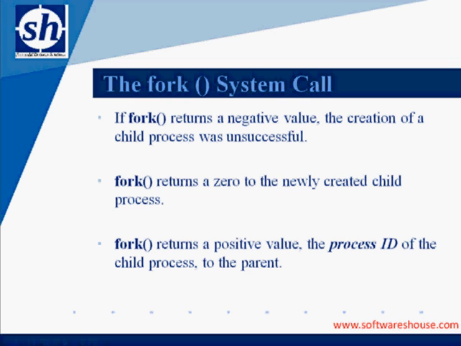After a new child process is created, both processes will execute the next instruction that follows the fork system call. Therefore, we have to distinguish the parent from the child.